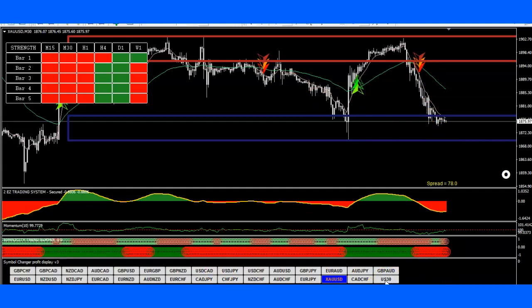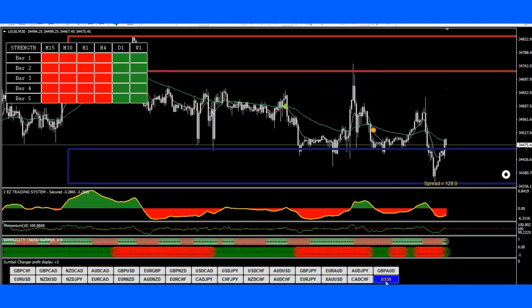US 30. A lot of people trade this. I'm not sure if it's an index, I think that's an index. Not sure, correct me if I'm incorrect. A lot of fake outs last week, okay, so gotta be careful with those two because they work good sometimes, but if you have a lot of fake outs and a lot of moves up and down, this is called choppy.